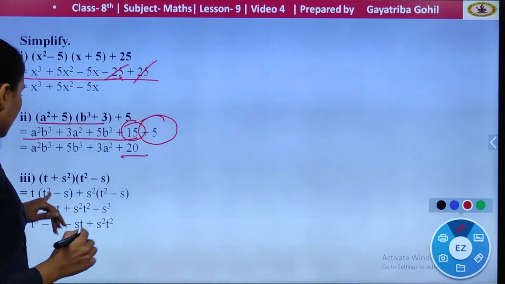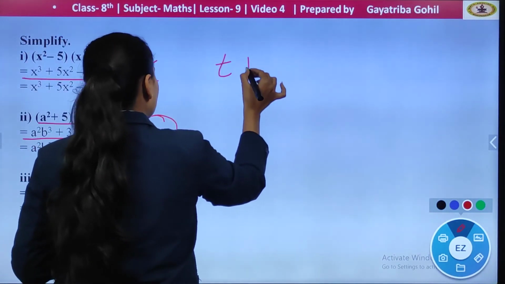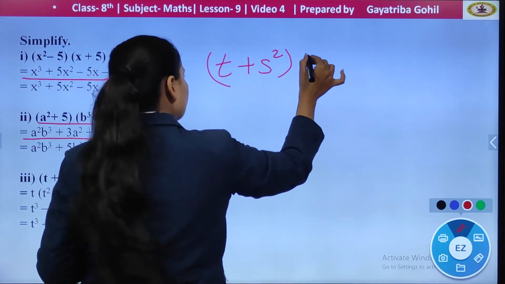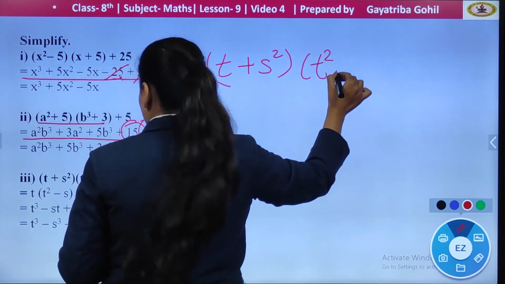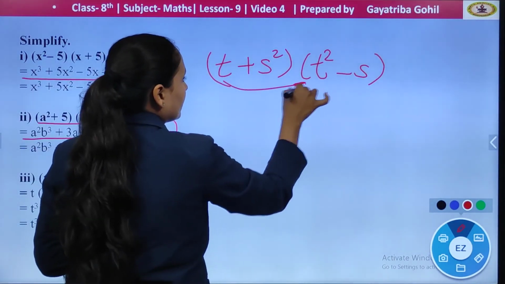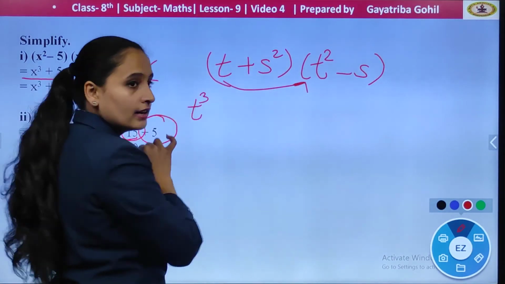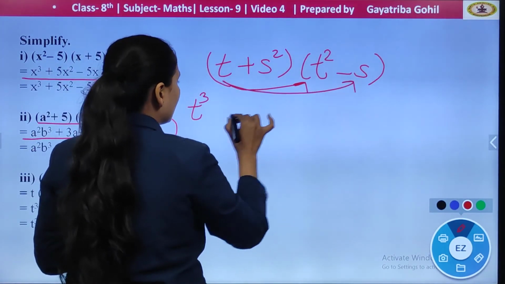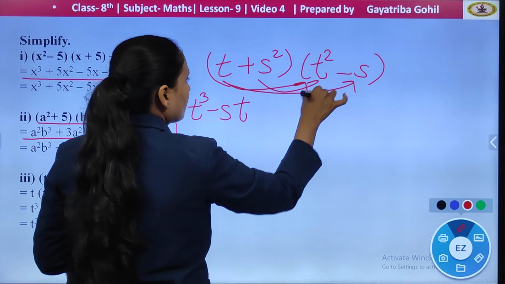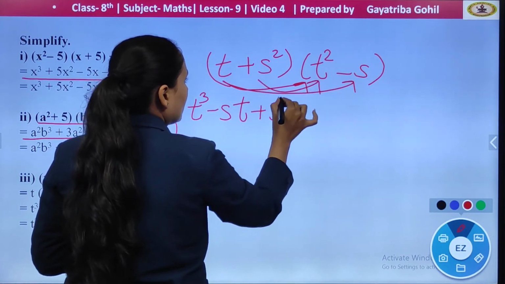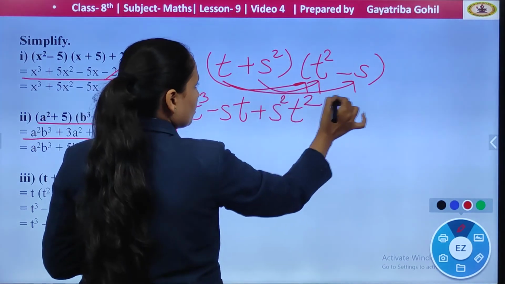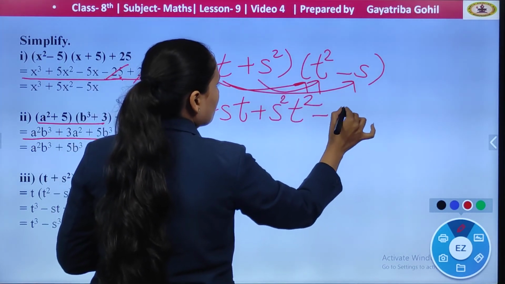Again over here, see, let us do this. t plus s square into t square minus s. t into t square will give you t cube. t into minus s will give you minus st. s square into t square will give you s square t square. s square into minus s will give you minus s cube.